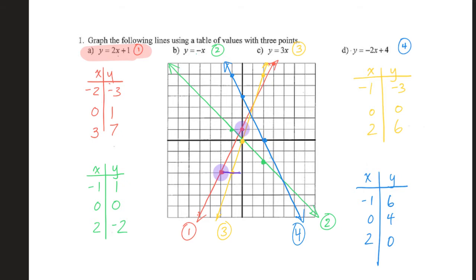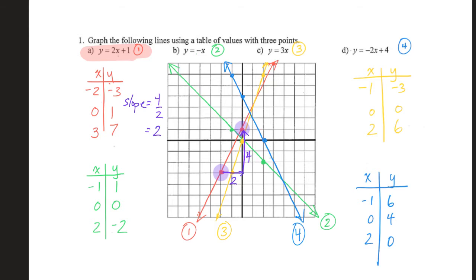I'll notice that I go across 2 and I go up 4. So I know that my slope is rise over run, and when I simplify, I get a slope of 2. Nice.